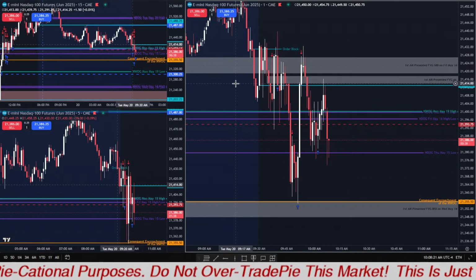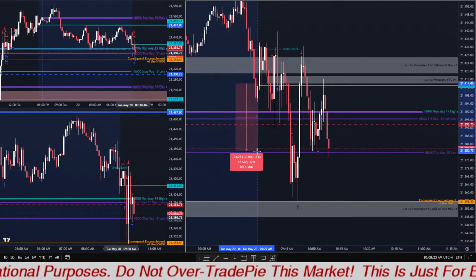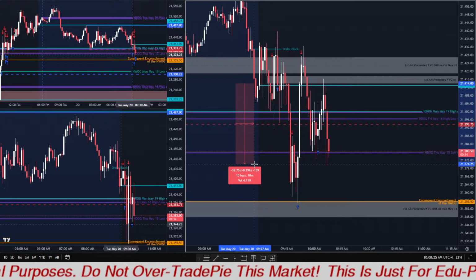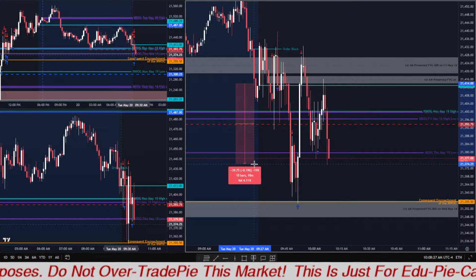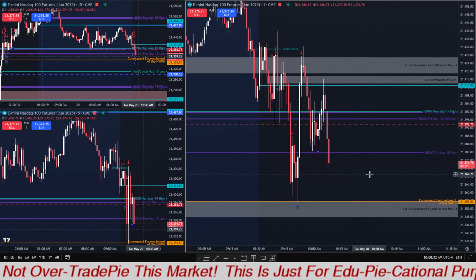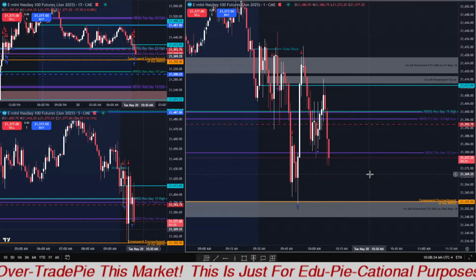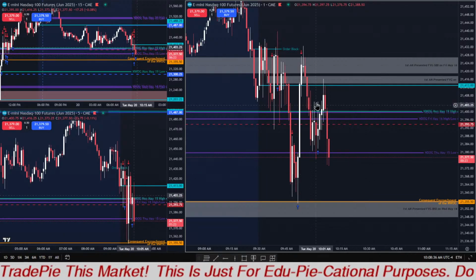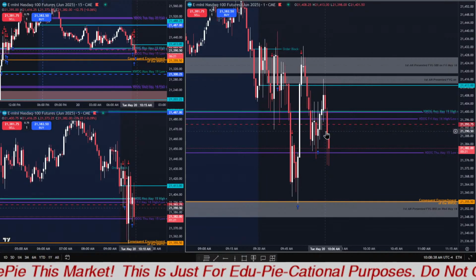This run from this first presented fair value gap to this candle's low is a little bit less than 40 handles. I'm measuring these 3 candles over here.